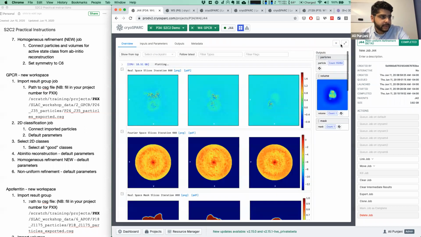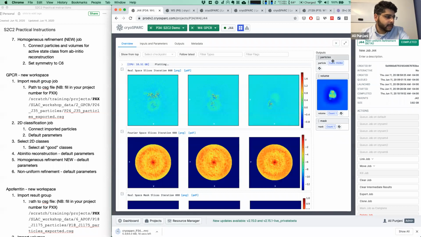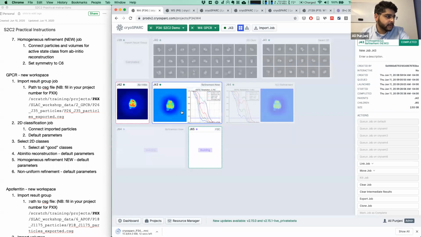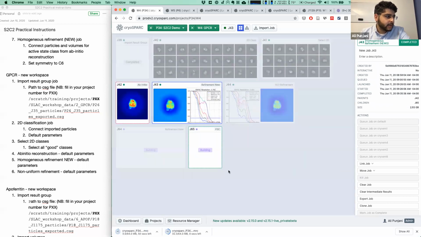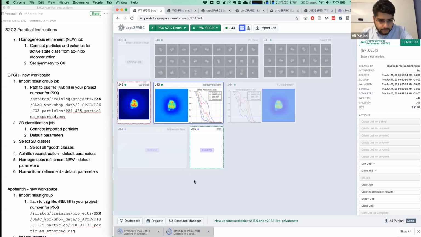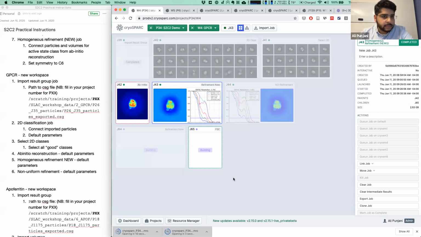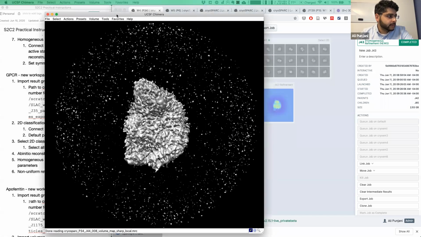So what I'm going to do is actually show the difference between these maps. I'll try to open them both up. That'll just take a few seconds to download. And I'm going to open the sharpened map in both cases. And we'll see what it looks like. Sorry, just give me a moment. Great.